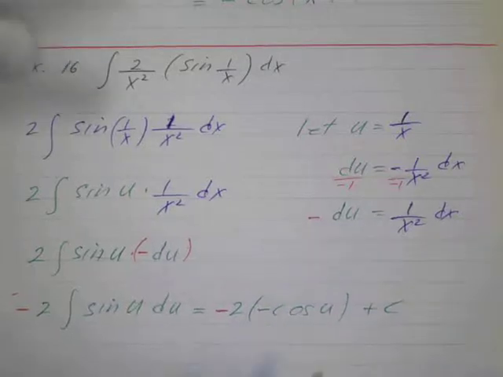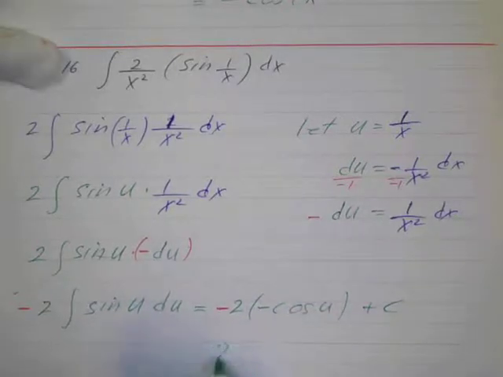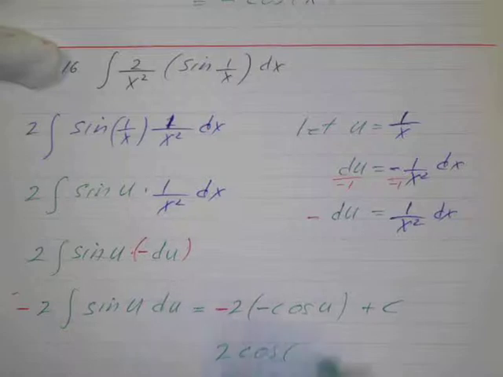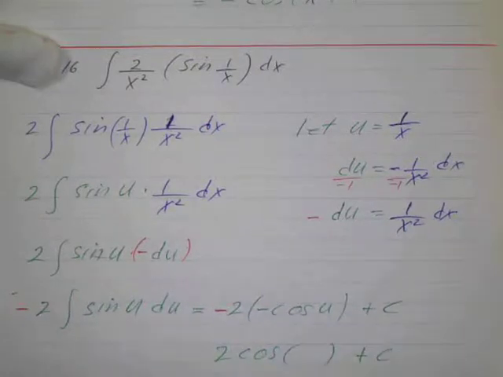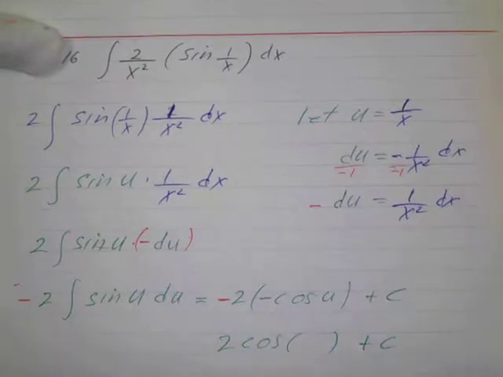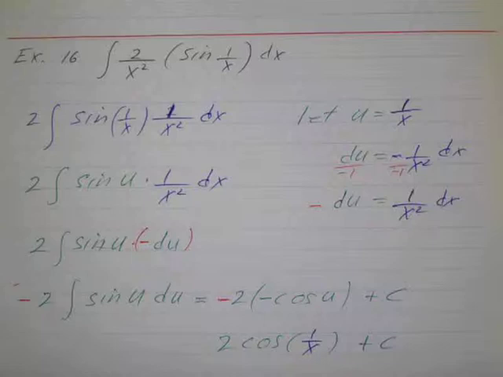And a negative times a negative is positive, so we just have 2 cosine of u plus c. But what was u? u was 1 over x. So there you go. So there's a couple of examples. I hope that helps.